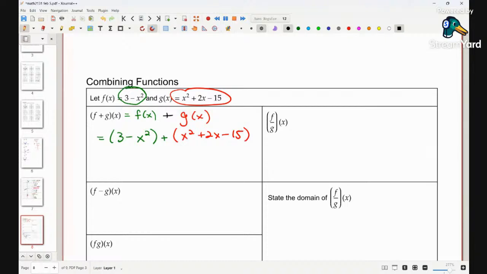We say, can we combine any like terms? Yeah, we can. So negative x squared plus an x squared makes 0. 2x actually isn't a like term, so we're going to have a 2x, and a 3 plus a negative 15 is a negative 12. 2x minus 12. Done. That's what it means to combine functions.